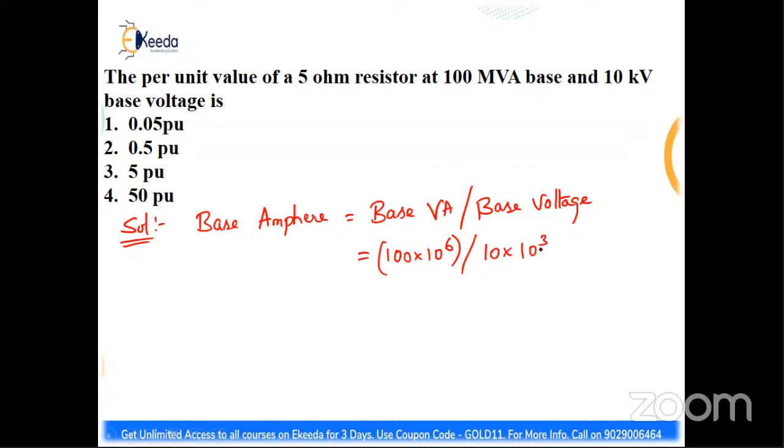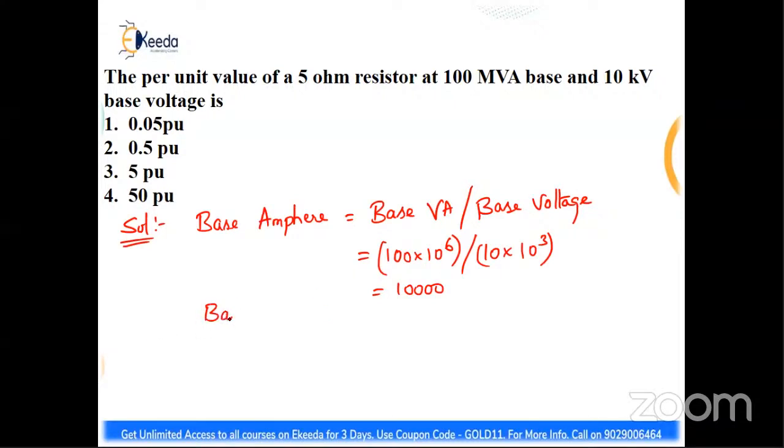In place of kilo, that is K, I have given 10 to the power of 3. In place of M, that is mega, that is 10 to the power of 6. So if you solve this, 100 into 10 to the power of 6 divided by 10 into 10 to the power of 3, what will be the answer here? The answer we get is 10,000. So this is our base ampere value.